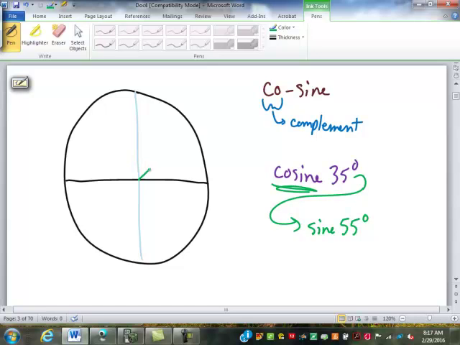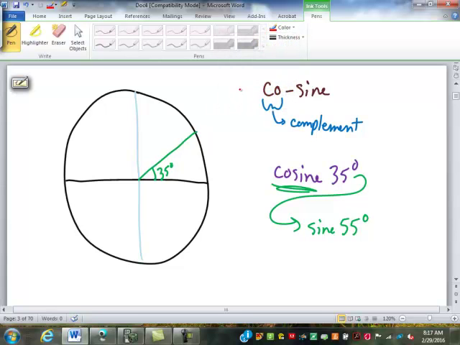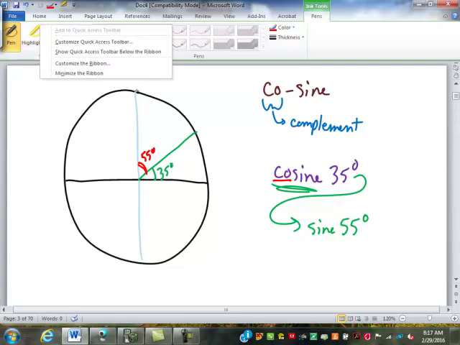So if I come back up here, this is 35 degrees. Where would its complement be on this graph? Right here. Right? That's 55. So all I really have to do when I'm using the cosine is change my reference diameter.